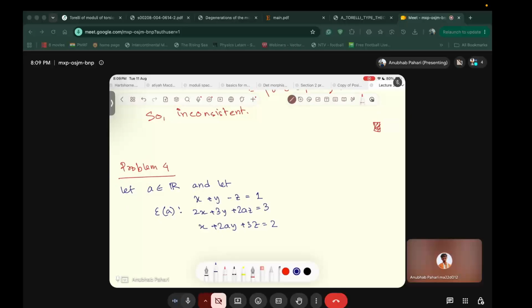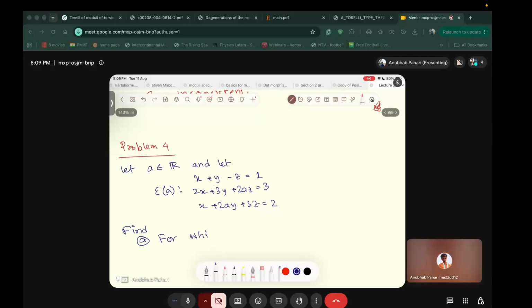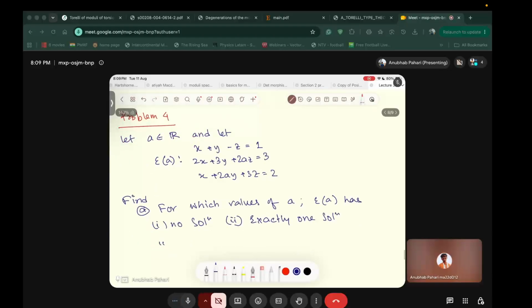Find for which values of a the system has no solution, exactly one solution, and more than one solution.